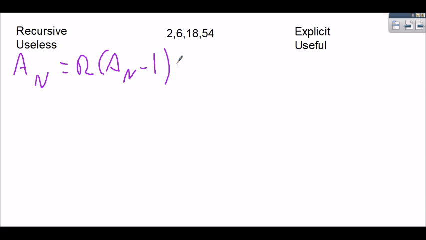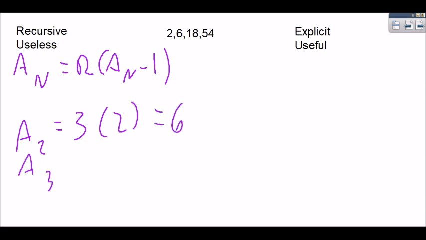So for this example, we would say it is our rate of 3 times our previous term. And then to find A3, we would go our rate of 3 times 6 to get to 18. And we would keep doing that every single time until we got to 54. So A sub n is our nth term, r is our ratio, and A sub n minus 1 is our previous term.